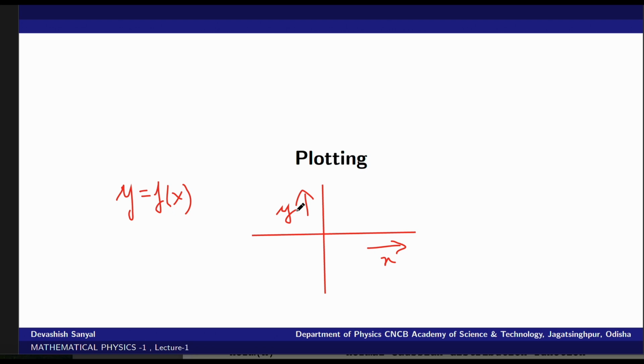So these axes x and y are perpendicular to each other. That is, this angle is 90 degrees. So this is called Cartesian coordinates.